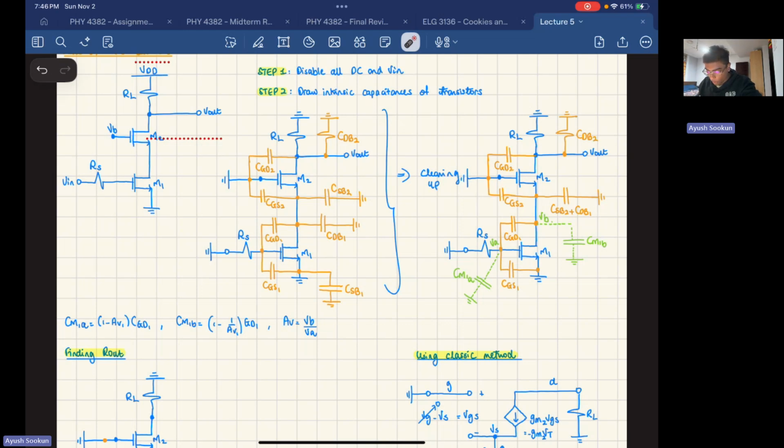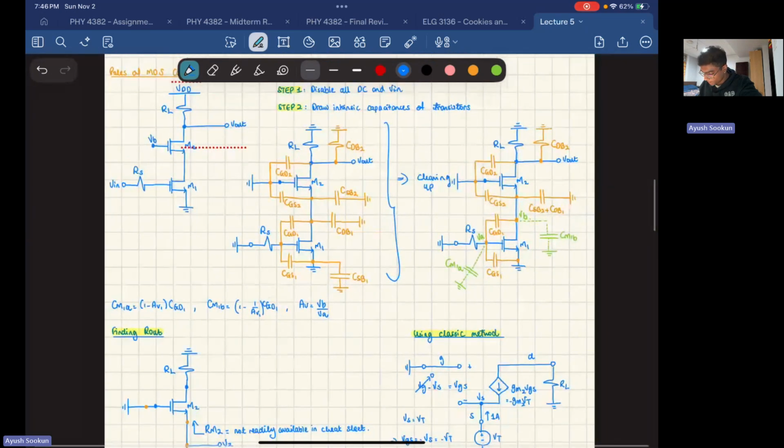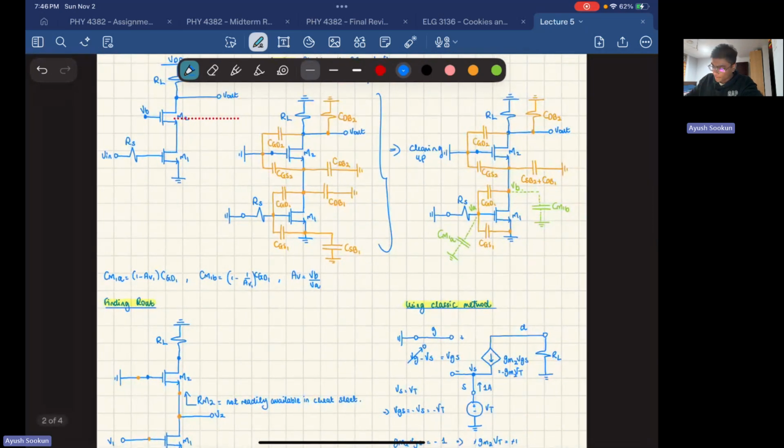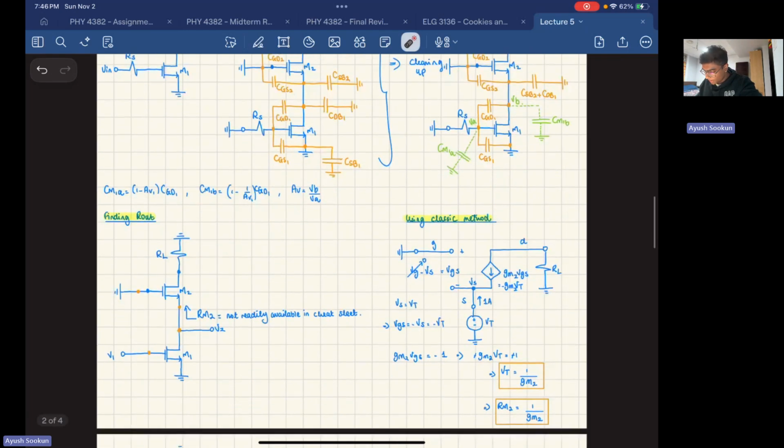CM1A is going to be CGD1 times 1 minus the gain AV1, where AV1 is the AC ratio between VB and VA. And CM1B is going to be CGD1 times 1 minus 1 over the gain. There we go, CGD1.